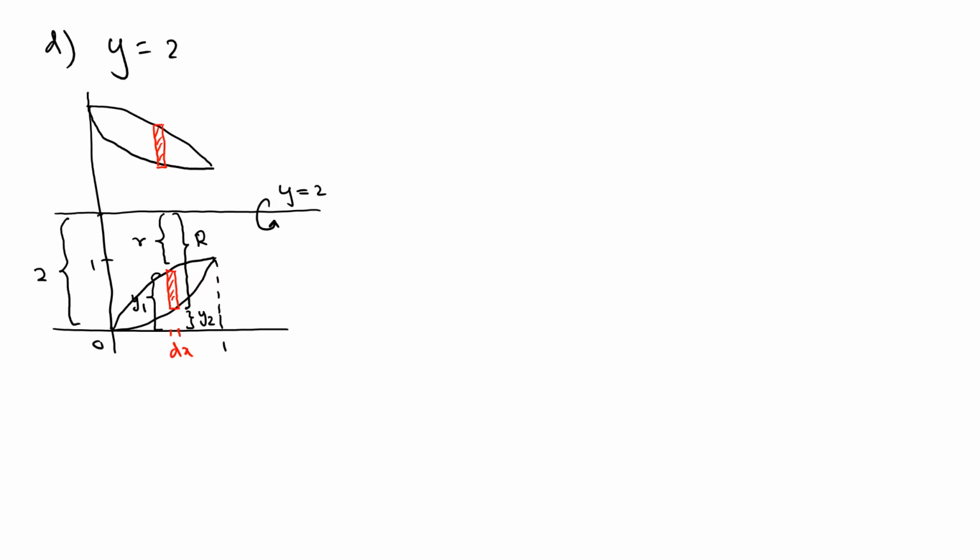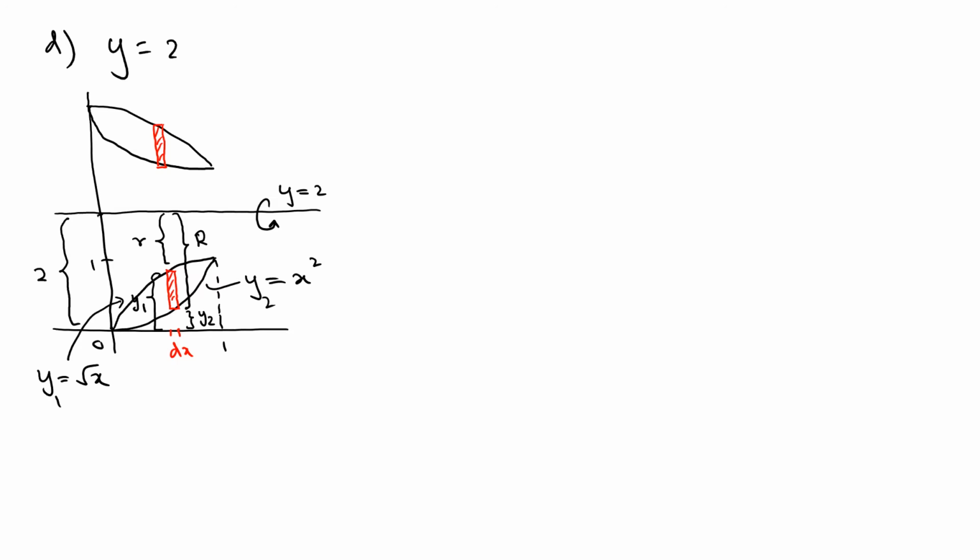We know that this is y equal x squared, and this one is y equal square root x, and we can use those 2 coordinates. So this is y2 and this is y1 as reference. According to this information, we can write the 2 radii.